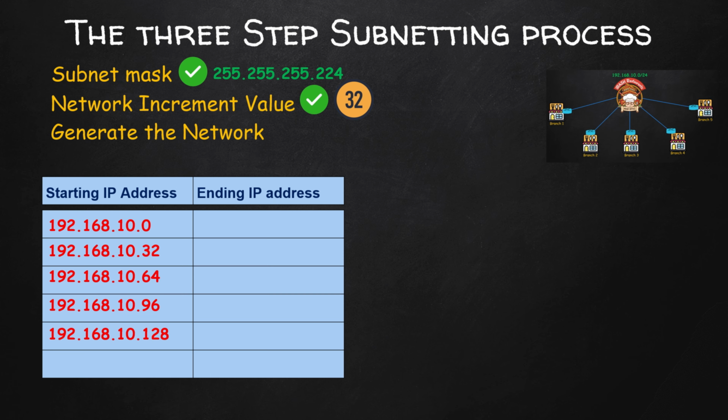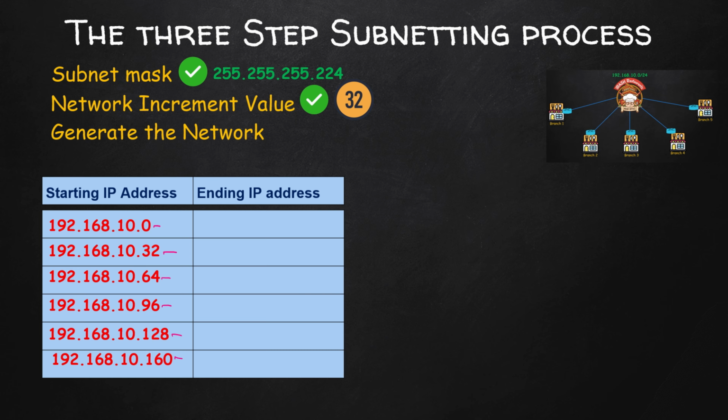Add 32 again, you get 192.168.10.160. So all these are the starting IP addresses of your networks. If you look here, the first one is 0. When you add 32, you get 32. Then 64, 96, 128, 160. So these are the starting IP addresses of your 5 networks.